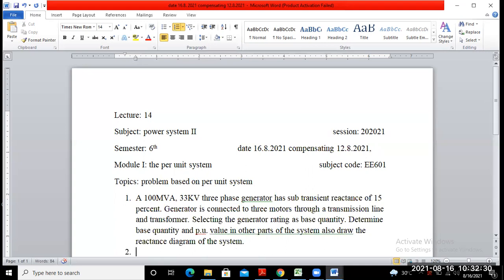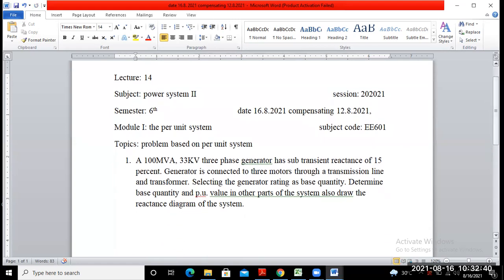Okay, so this is our problem specified here. That means one generator whose rating is given as 100 MVA and 33 kilovolt, three-phase generator, has a subtransient reactance of 15%, and the generator is connected through a transmission line. Suppose the generator is installed here and the rating is specified, and just draw this single line diagram through the transmission line and transformer.